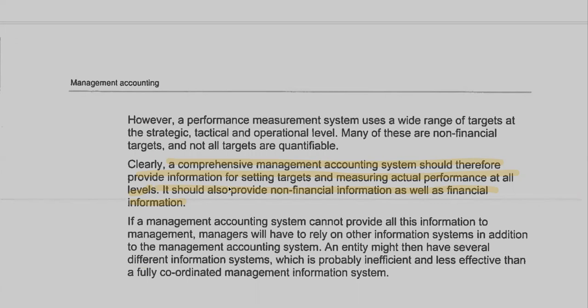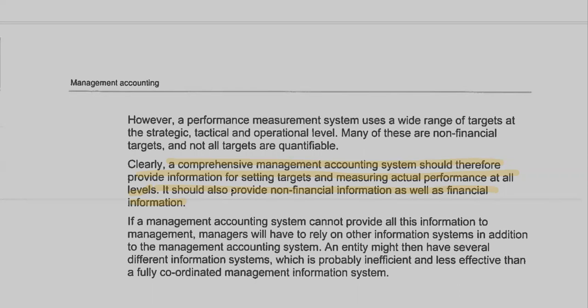If a management accounting system cannot provide all this information to management, managers will have to rely on other information systems in addition to the management accounting system. An entity might then have several different information systems, which is probably inefficient and less effective than a fully coordinated management information system. Is it well understood?